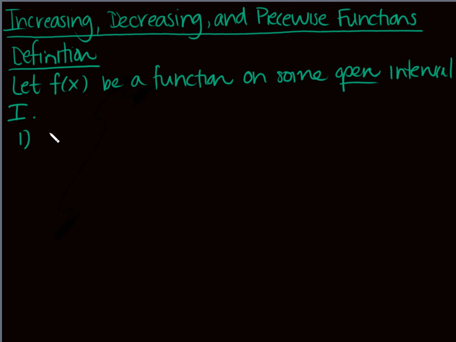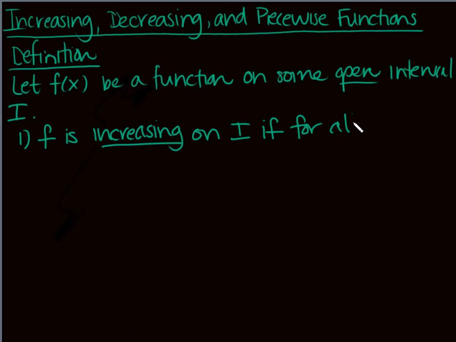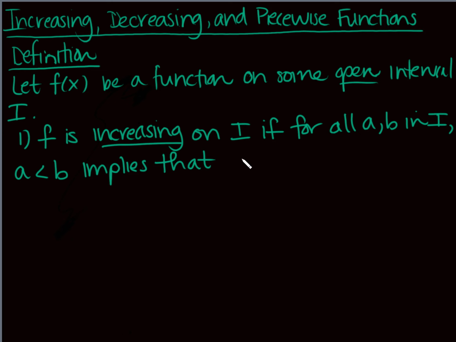Then we say that f is increasing on I if for all a and b in I, if a is less than b, it implies that f of a is less than f of b.